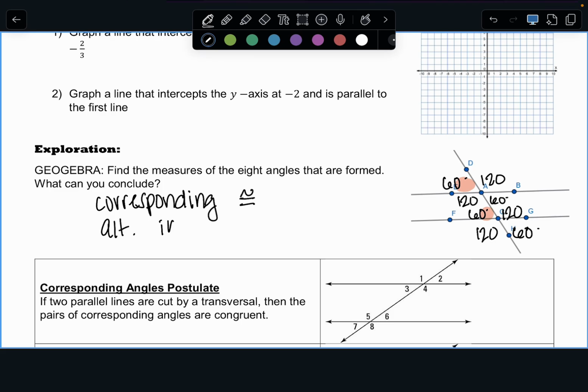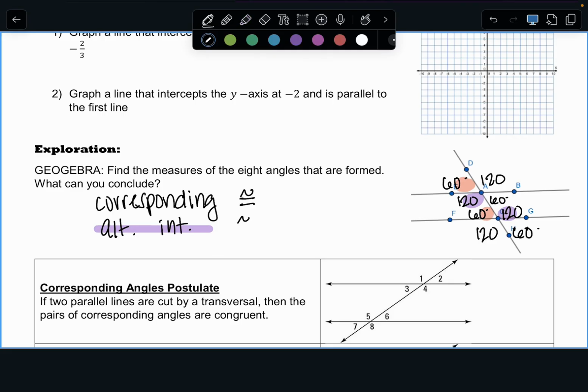Let's look at alternate interior angles. Here's one interior angle. Alternate means across the transversal, interior means in between the two lines. So that's this one right here. The purple ones are alternate interior. Are those ones congruent or something else?